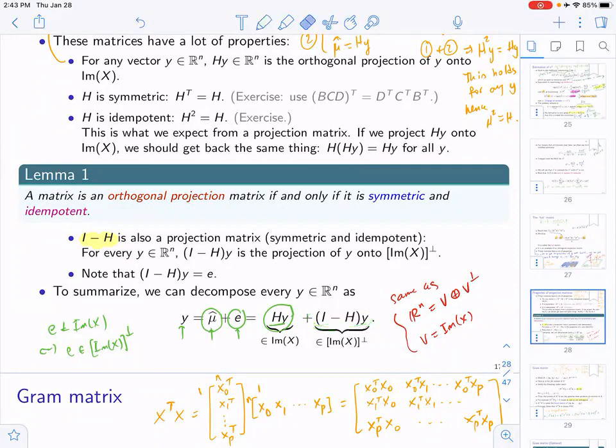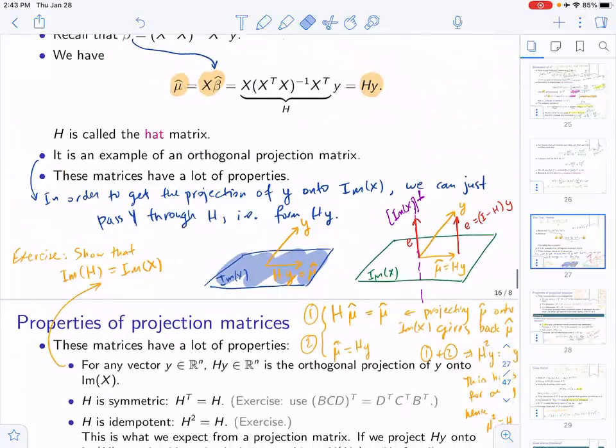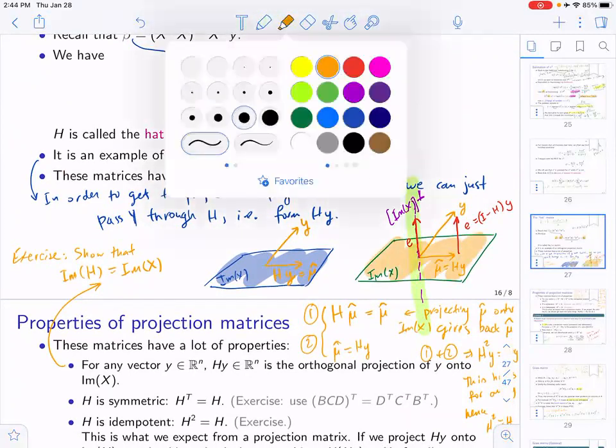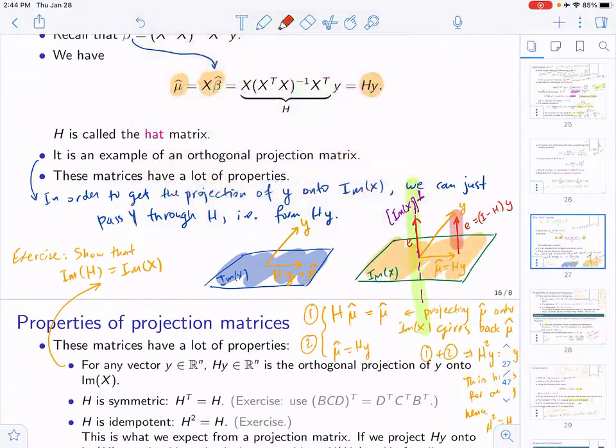So if we do a little bit of discussion here, this is the image, right? And the orthogonal complement of the image is, as you have seen before, this line. So I have the image and the orthogonal complement, and what I'm doing is decomposing the vector into two pieces.